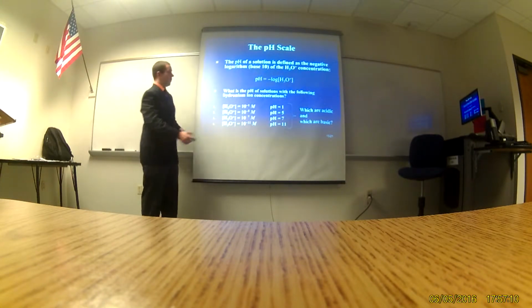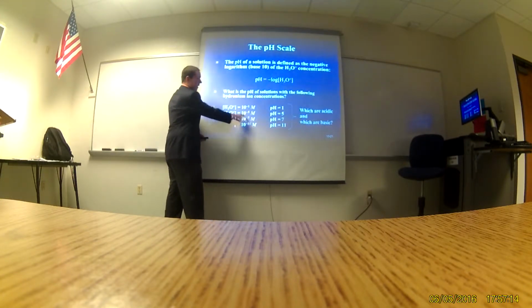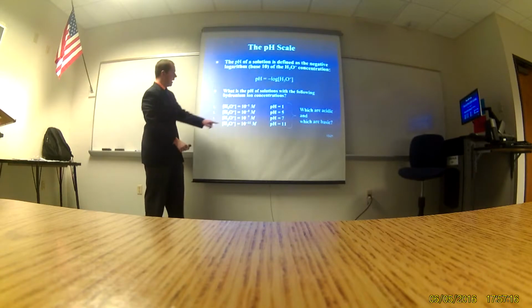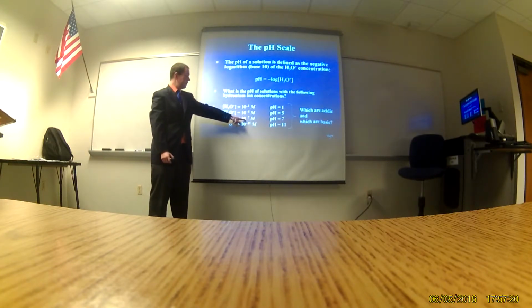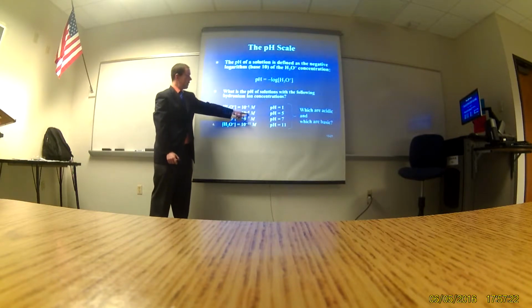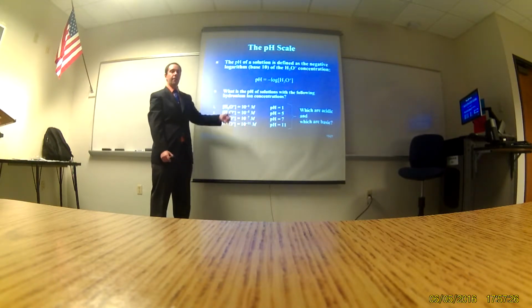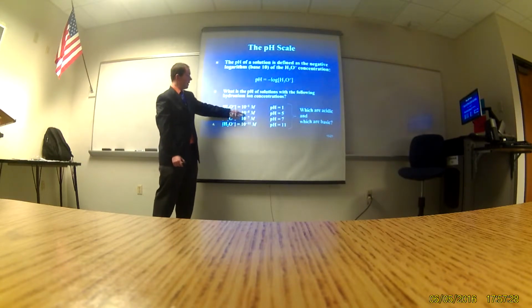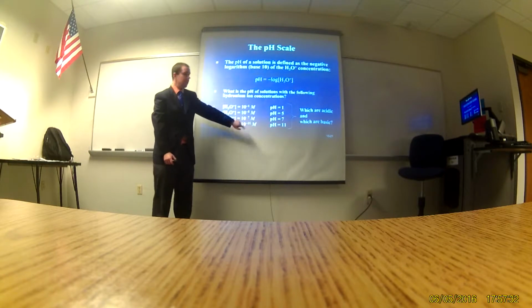And so you can do it by looking at this. We said 10 to the negative 7 is neutral. Concentrations of H3O plus that are more than that are acidic. And as this number gets smaller, the whole number is actually getting bigger. So these are higher concentrations, so these are acidic. These have more acid. That one has less acid.